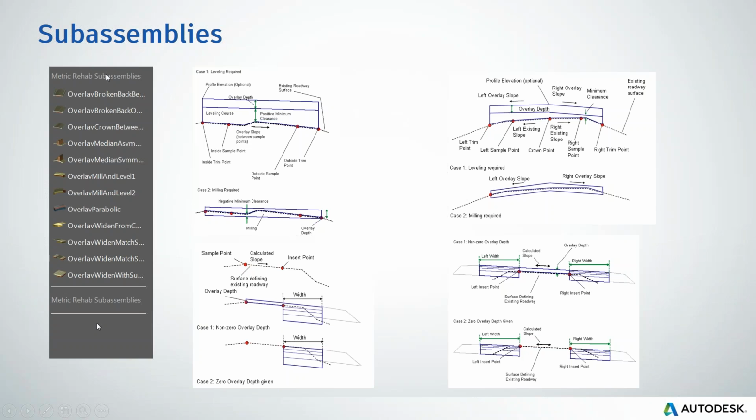And with these subassemblies, and I will not go into the very details, you can specify here, for example, the overlay depth. You can say how much milling is required, and so on and so forth. You can follow some calculated slope, with overlay, without overlay, and a lot of different combinations.